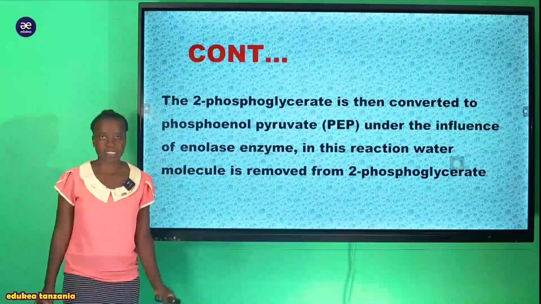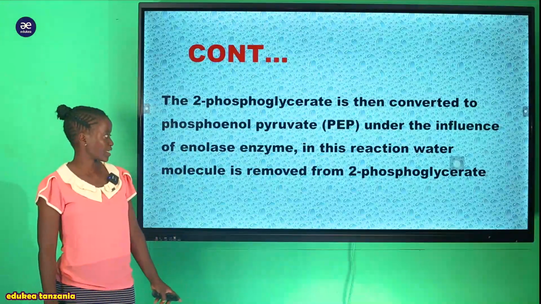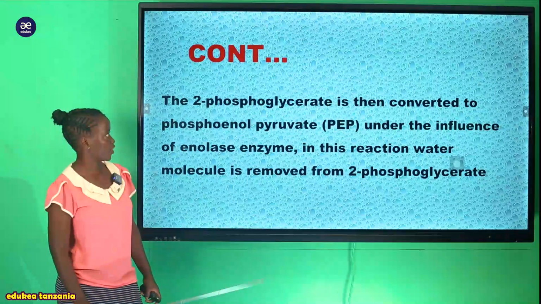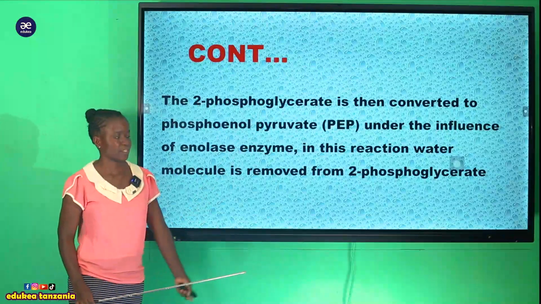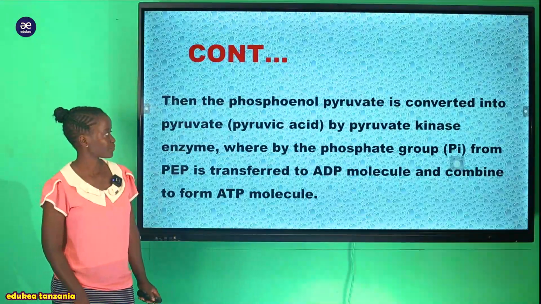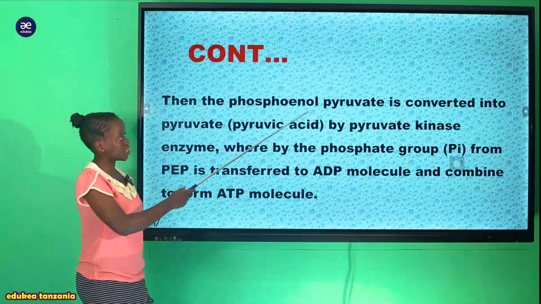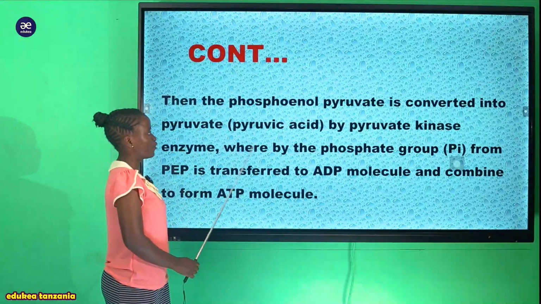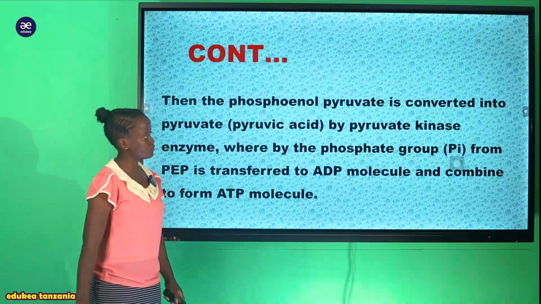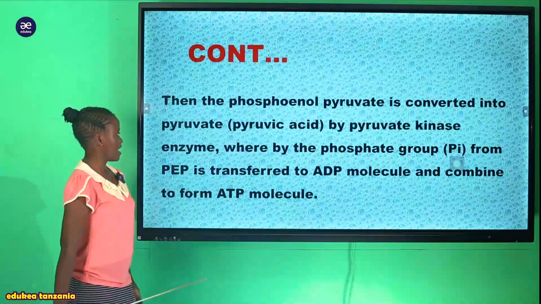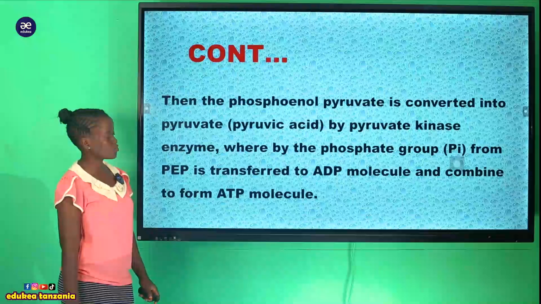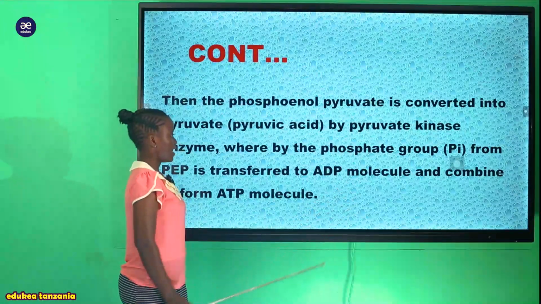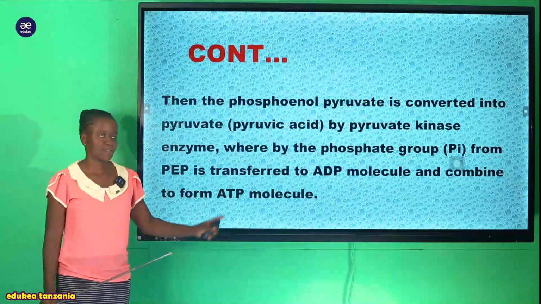So here we need to make pyruvate. So where does the pyruvate come from? It comes from here, starting from the 2-phosphoglycerate molecule, which goes on to form PEP. Then the phosphoenolpyruvate, which is PEP, is converted back to form the pyruvate. But this reaction is under the kinase enzyme, whereby the phosphate group, which is the PI, from the PEP is transferred to an ADP molecule and combined to form the ATP molecule.